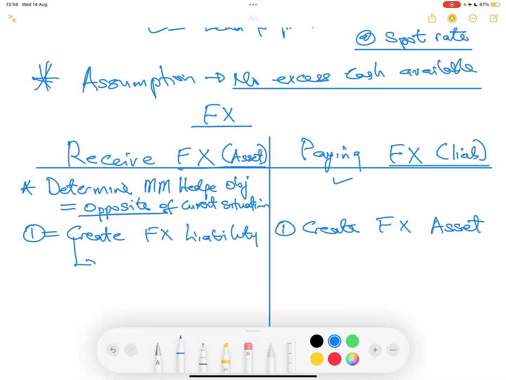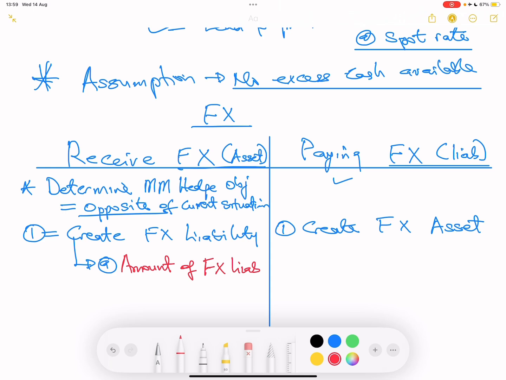So to achieve this, let's go A. You need to determine the amount of FX liability that you need to create, because it's not going to be the same amount.